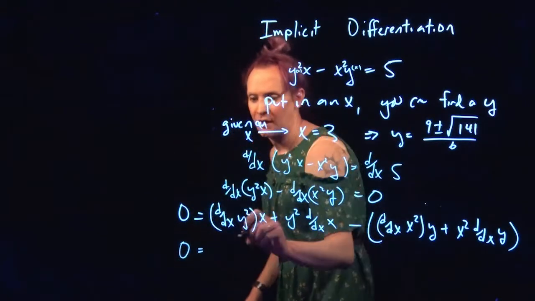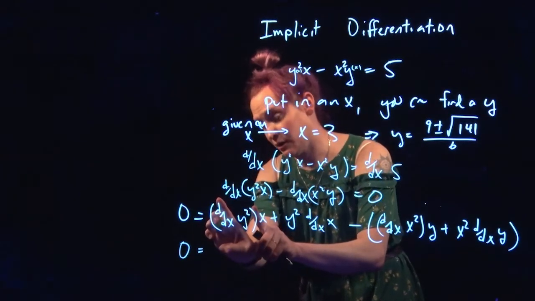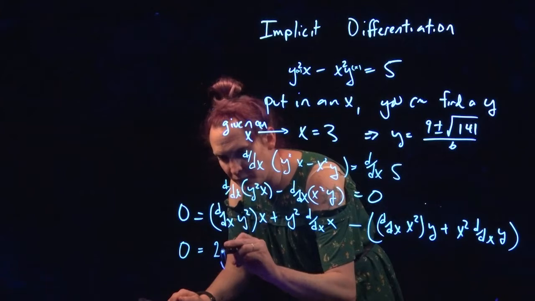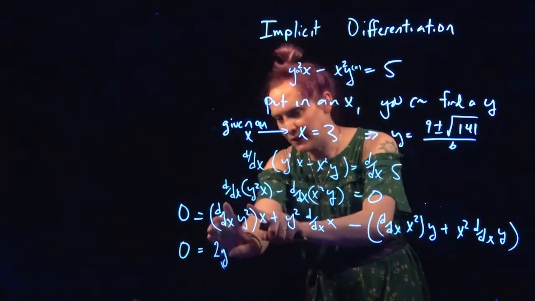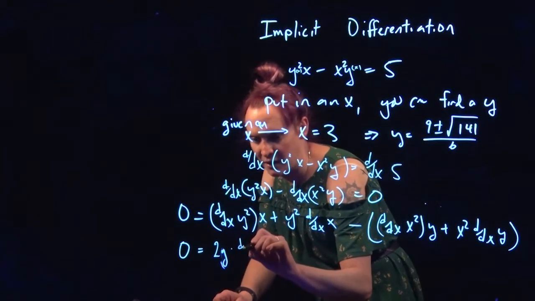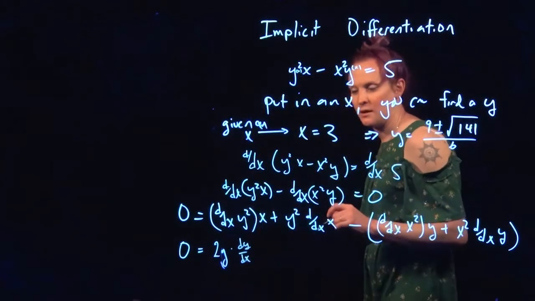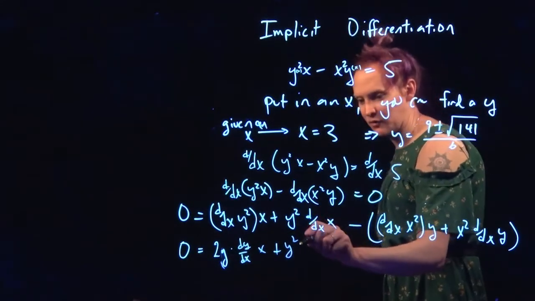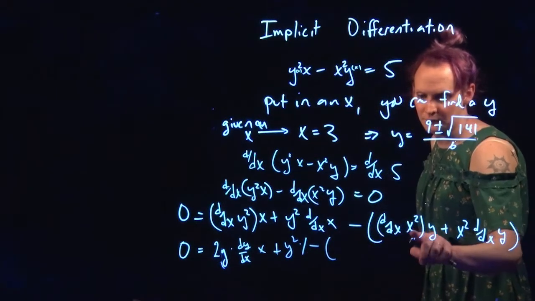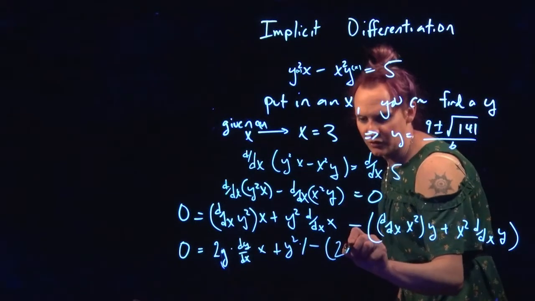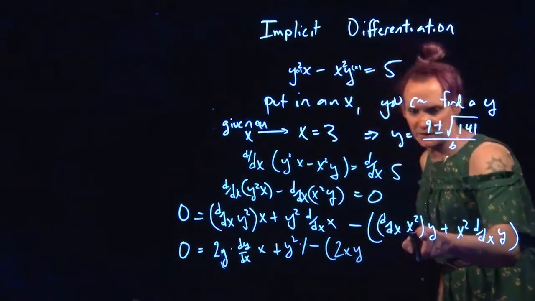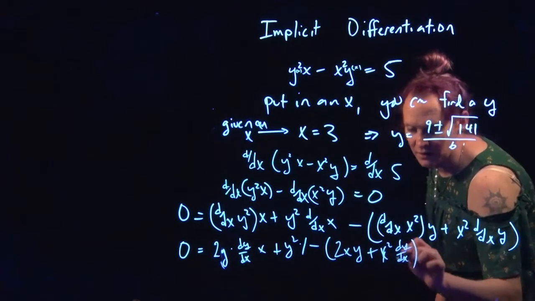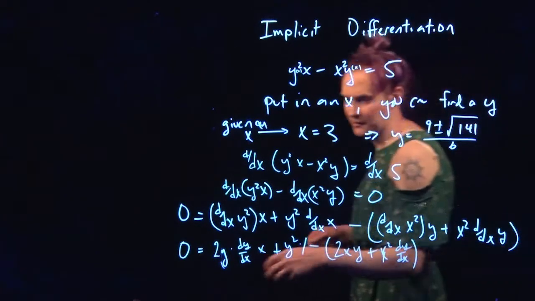So the derivative of y squared is 2y, and then the inside thing is y, which is a function of x, so I have to chain on the derivative, dy/dx, times x plus y squared times d/dx of x, which is 1, minus, d/dx of x squared is 2x, times y, plus x squared times d/dx of y, which is dy/dx. The whole thing is equal to 0.